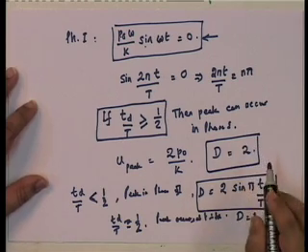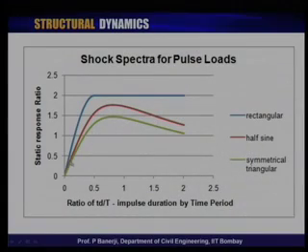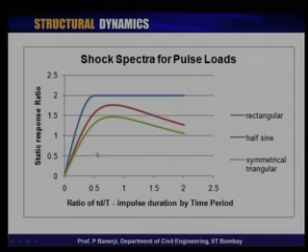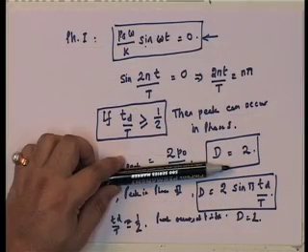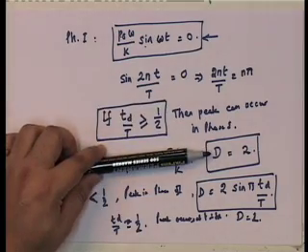So, we have solved the problem of the peak, and if you look at this one, this is a sinusoidal function, which goes here at T_d upon T equal to half. It is 2, which is what we get here, and after that, if it is longer duration, then D is equal to 2, which is what we get here.